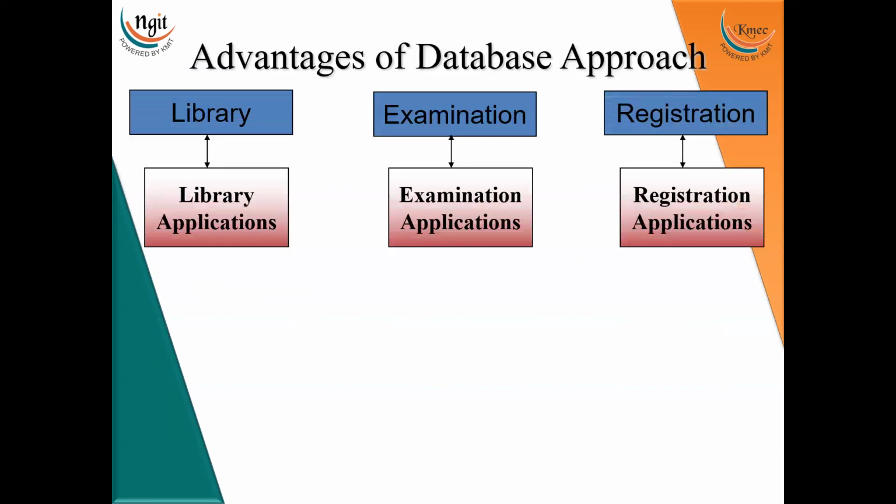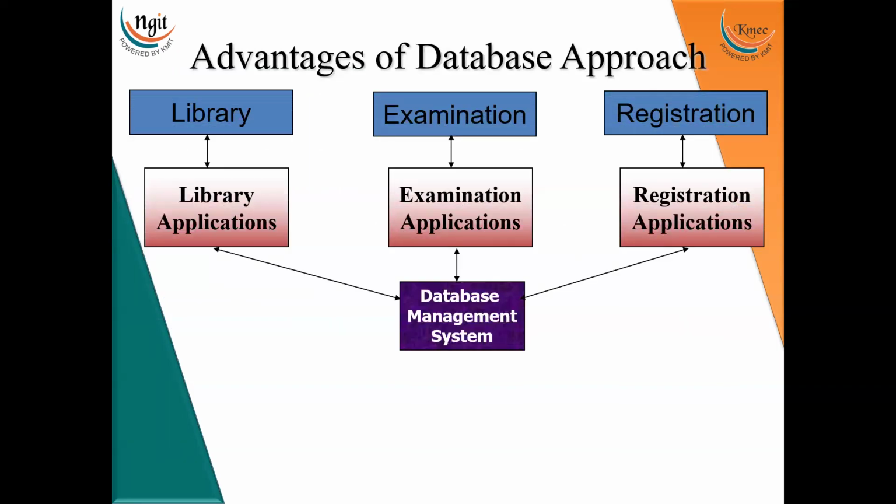While dealing with this approach, we can visualize the same example which has been used earlier. All these different departments can be merged together and the same data can be stored in a central repository.